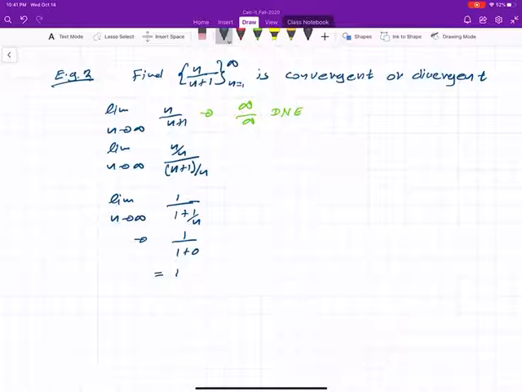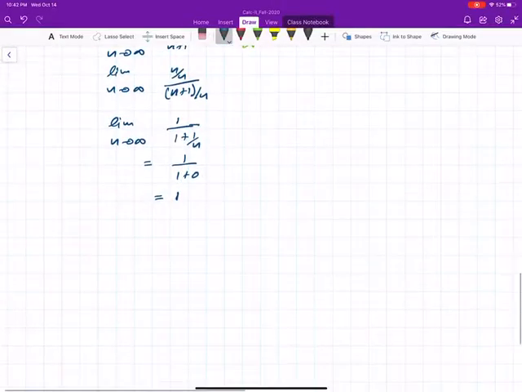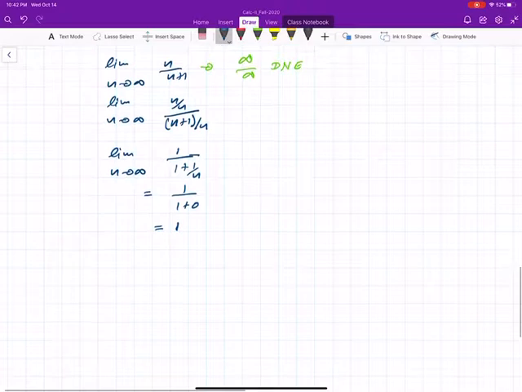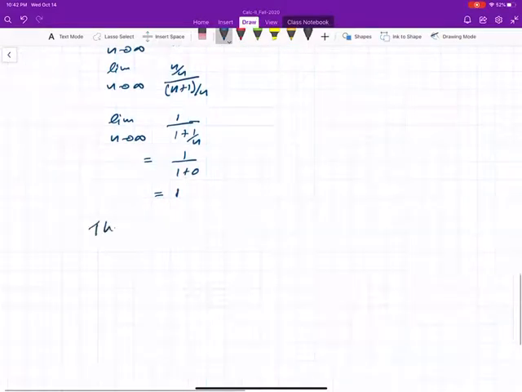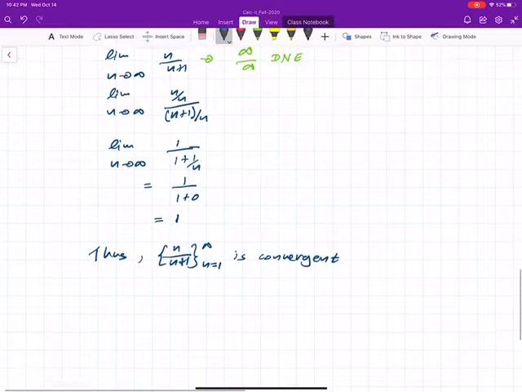So that means the limit exists. The limit does not equal infinity. So your answer is that it is convergent. That series is convergent.